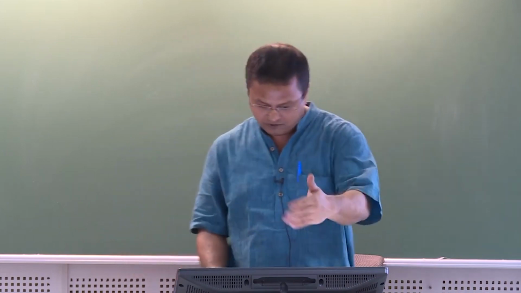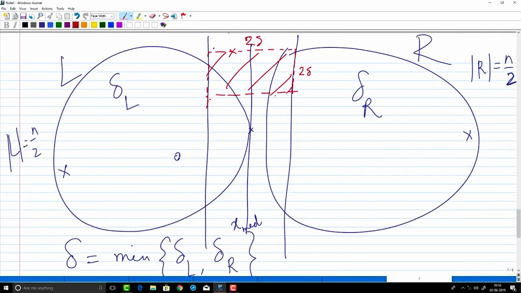I first do this, then I look at the next point, again I hang a 2 delta cross 2 delta box. Again I know that there will be only constant many points.